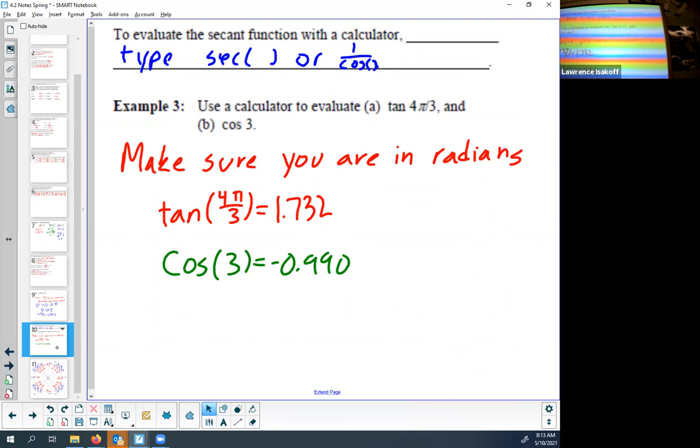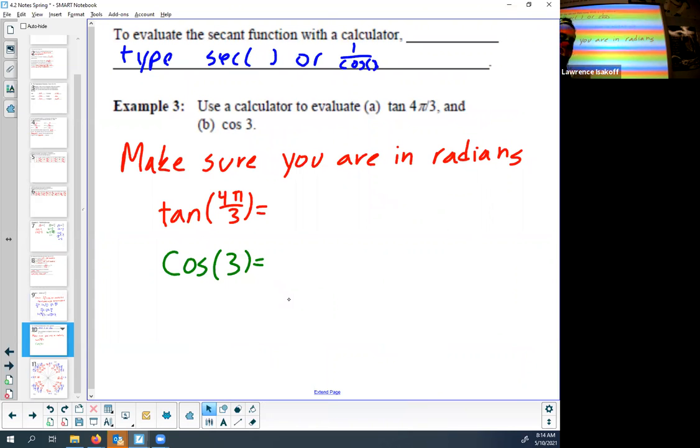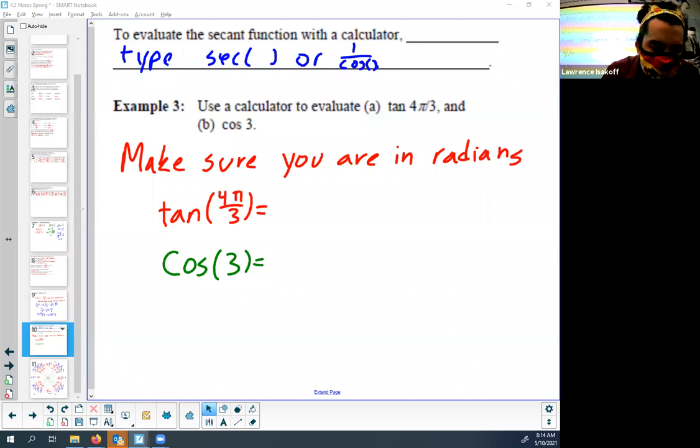Okay. So here with this, to evaluate secant, we could just type in the word secant, or the abbreviation for secant, or do 1 over cosine. To evaluate these in the calculator, these are in radians.